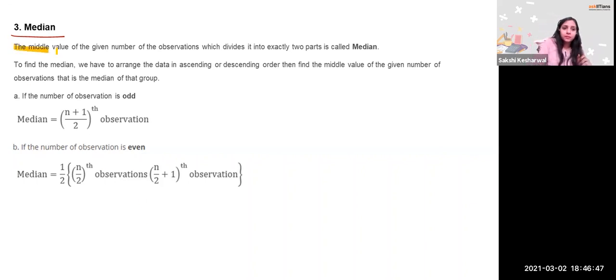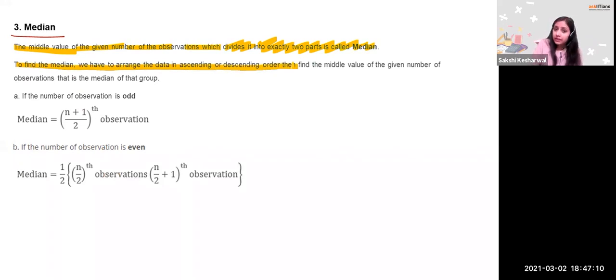The median is the middle value of the given observations, which divides them into two equal parts. Who will be ahead of us, who will be behind us, who will be on our left, who will be on our right. So it divides the data. To find the median, we arrange the data in ascending or descending order, then find the middle value of the given observations, and that is the median of that group.